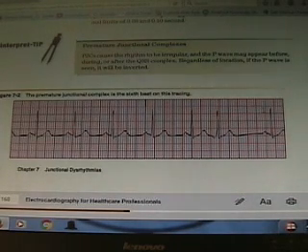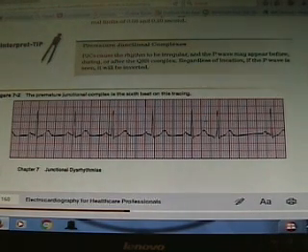How do I know I have a PJC, a premature junctional complex? If you look at this one, this looks weird. But it wasn't like the PAC. The PAC, we know there was something really wrong with the P wave, and it was really smushed up almost against the beat before it.